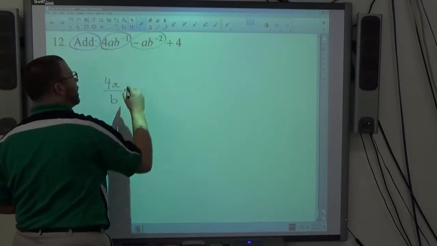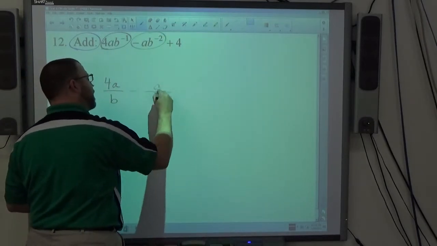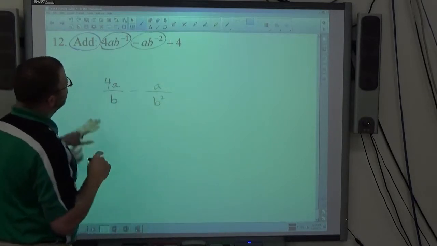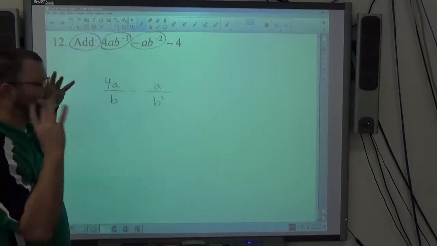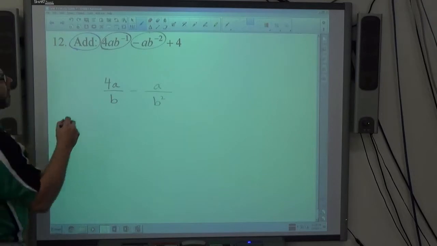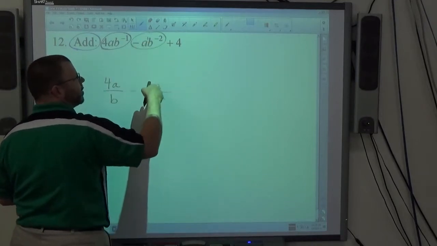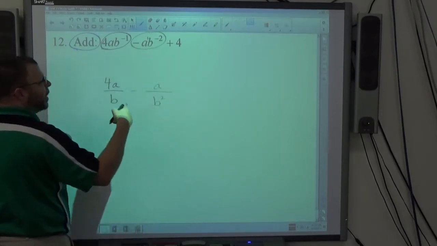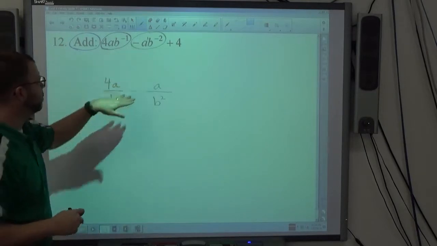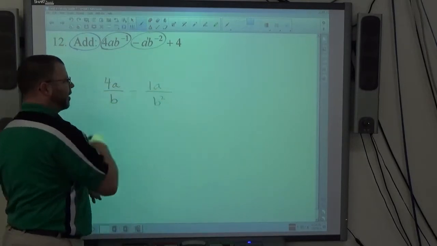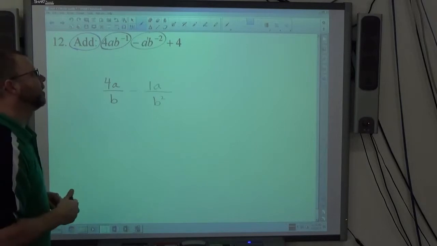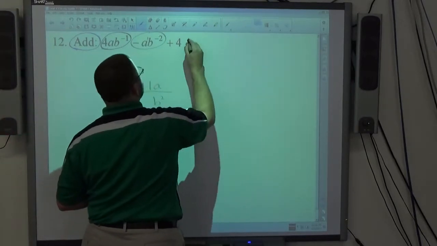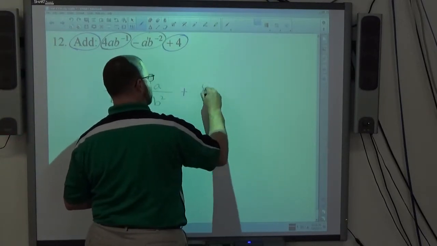Minus ab to the negative second, so minus a is on top, b is on the bottom. And sometimes people see minus signs and negative powers, they start thinking they're the same thing. a is to the first power, so that's why it's on top. b is to the negative second power, that's why it moves down. A minus sign in front of that just puts a minus on the 1 that's in front of the a. It's not moving anything. And then we have plus 4, which is just plus 4.